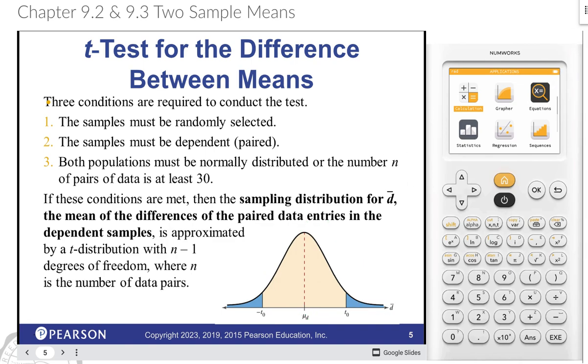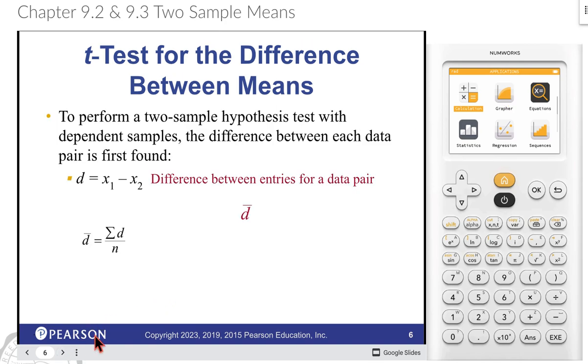So let's go ahead and see how we would do one. Here's an example coming up soon. So first, what has to happen is we have each data piece, the pairs, the first data and the second data, we subtract them, and that gives us the difference. So let's say you scored 100 on the first test and 125 on the second test.